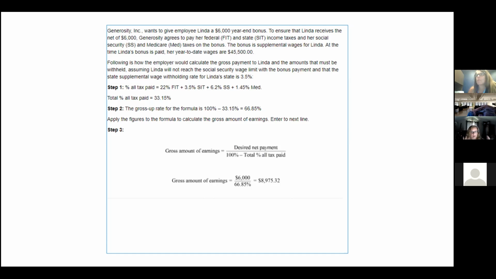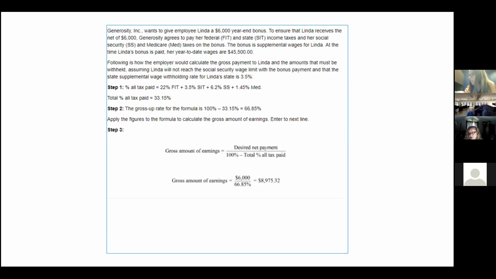So again, our calculation, we're going to find our gross up earning. We're going to take what we want to pay Linda, which is $6,000, and we're going to divide it by the percent that we got in step two, or 100 minus all of the taxes that the employee has to pay. So we're going to take 6,000 and divide by 66.85% or 0.6685.